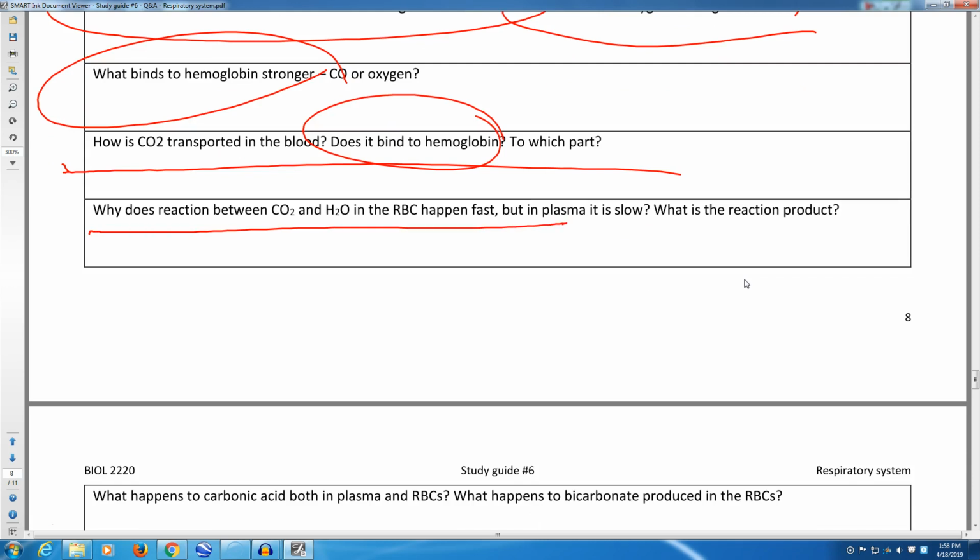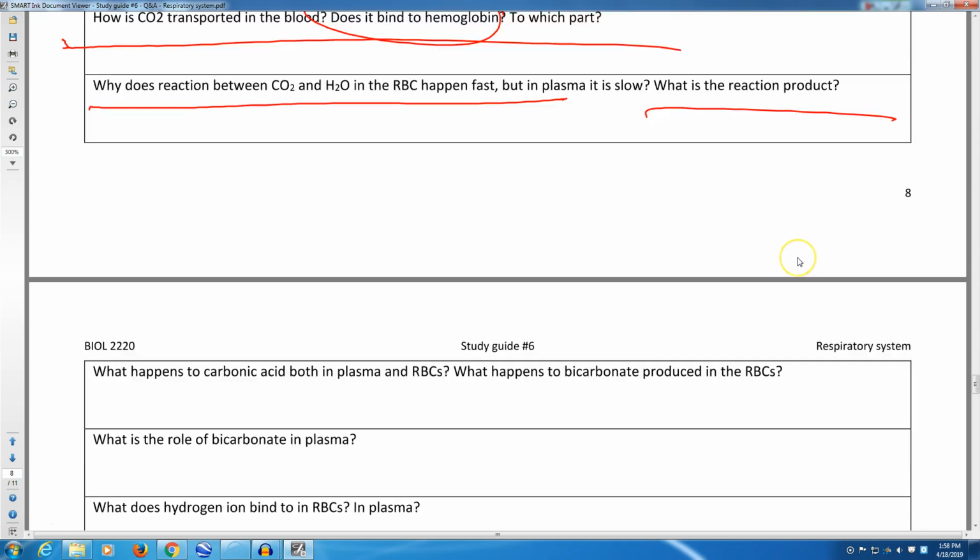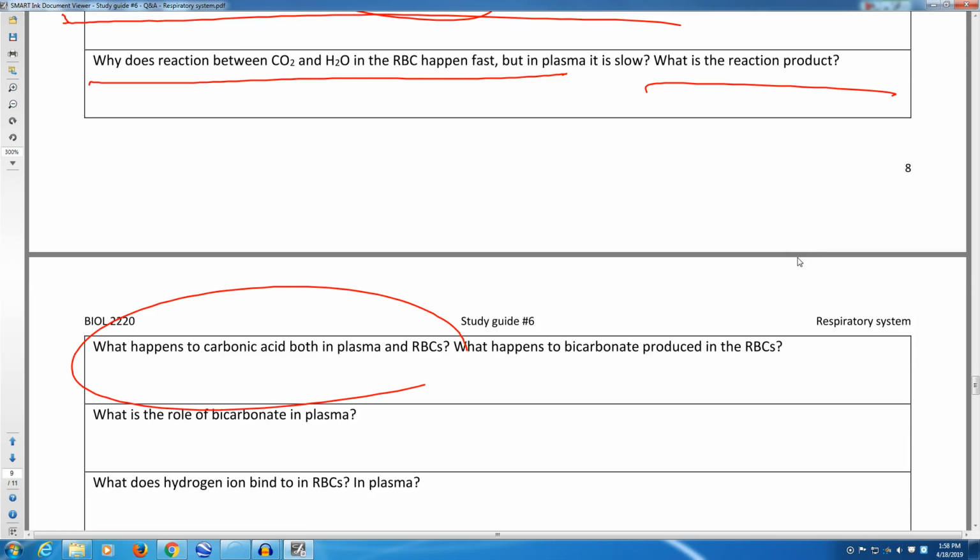The reaction happens fast because there is an enzyme, carbonic anhydrase, in RBCs, but no such enzyme in the plasma. Reaction product, carbonic acid. Carbonic acid dissociates into the hydrogen ion and bicarbonate. Bicarbonate from RBCs enters plasma, chloride shift.